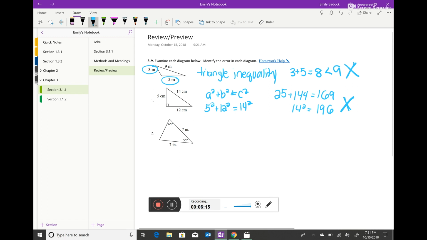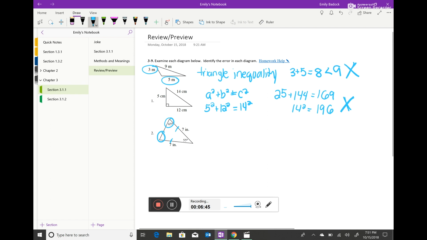Alrighty. I apologize, I don't know why this one's labeled 1 and 2, but whatever. For 2, based on these side lengths, what type of triangle should this be? They have two sides that are similar, which means this should be an isosceles triangle. Hopefully that's what you guys say. In an isosceles triangle, remember this side is equal to this side, which means this angle has to equal this angle.